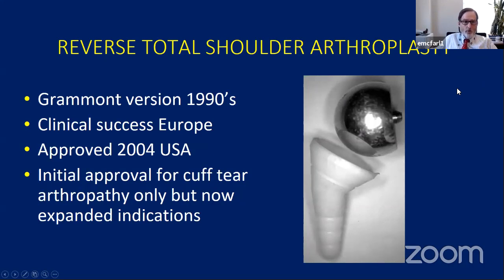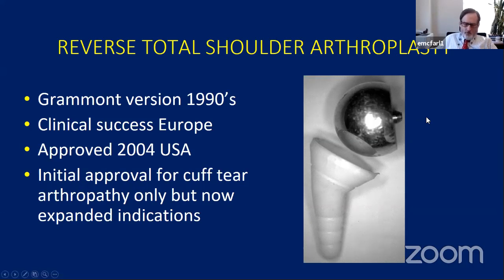So as mentioned earlier, reverse total shoulder arthroplasty became very popular in Europe around the 1990s, and was successful in Europe. It wasn't approved in the United States until 2004. And the FDA, our regulatory body, approved it only for cuff tear arthropathy.